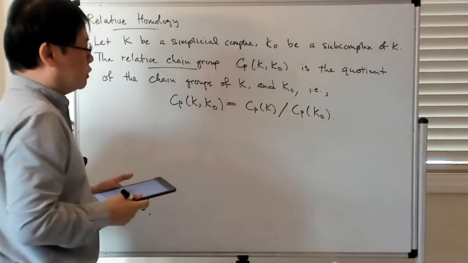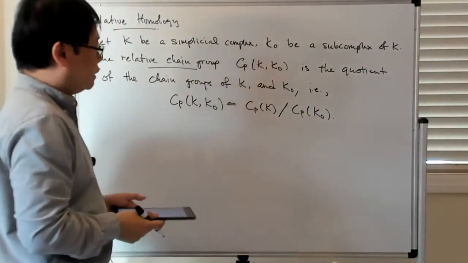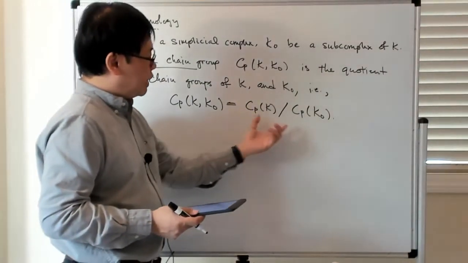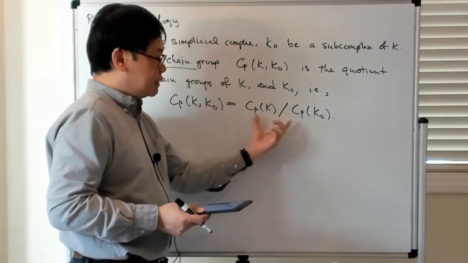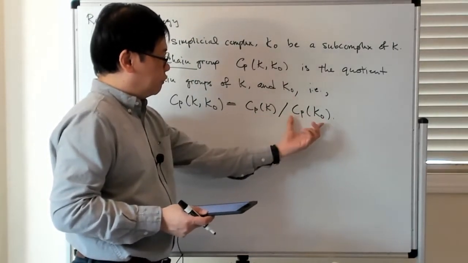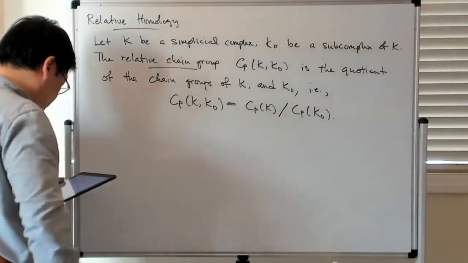So obviously we've seen quotients before. It's like in defining homology, and so in essence what happens is that the elements of this quotient space are the cosets of C_p(K0).